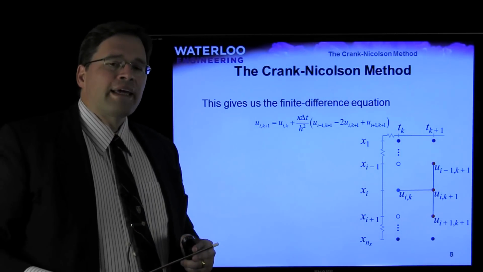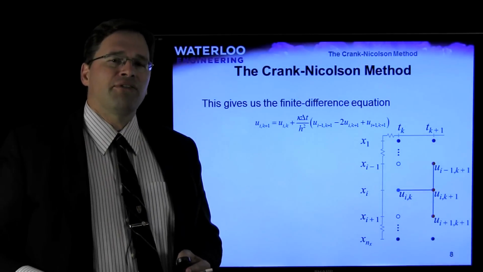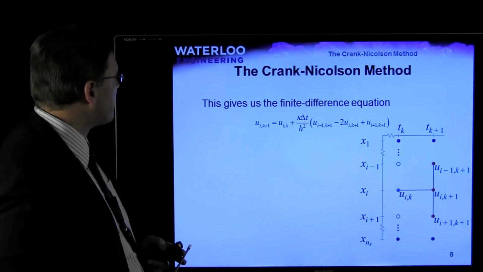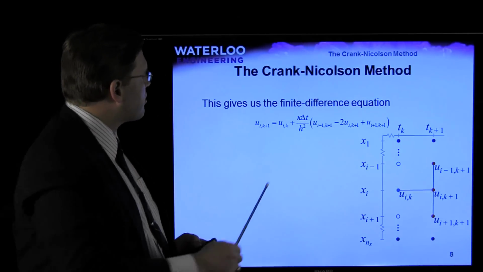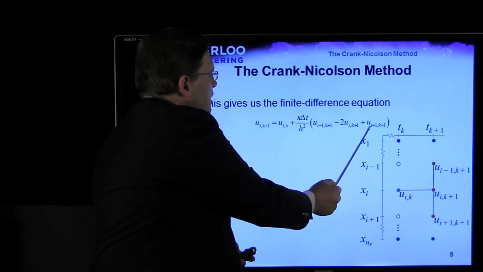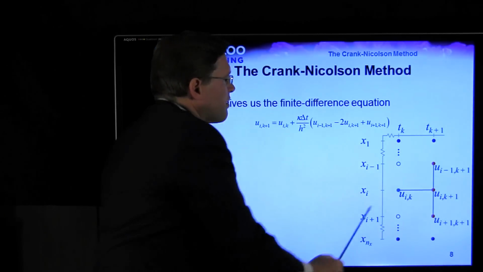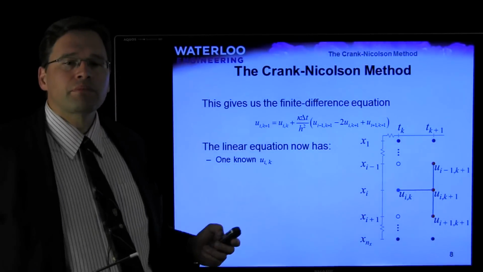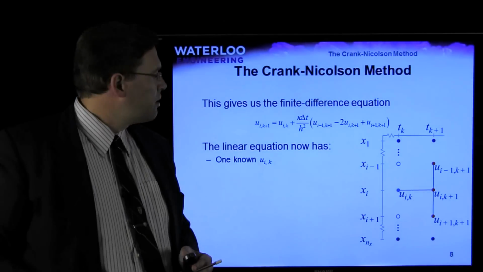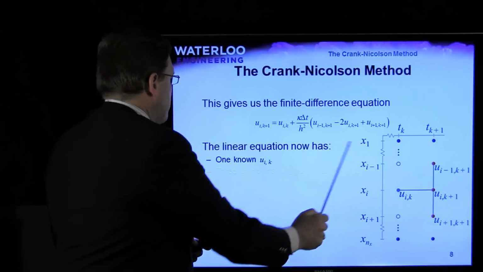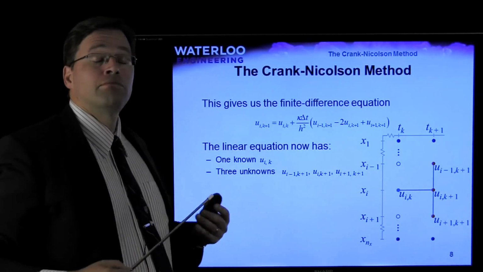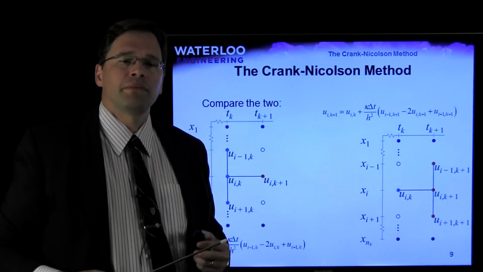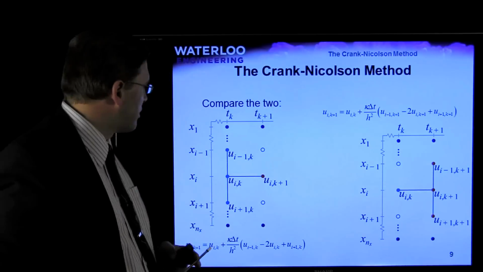If we substitute those back into the heat conduction diffusion equation, we get a very similar equation. However, now we're dealing with 3 points that are unknown. There's only one known, u sub i k, and there's 3 unknowns that we have to solve for. Now let's compare the two methods.